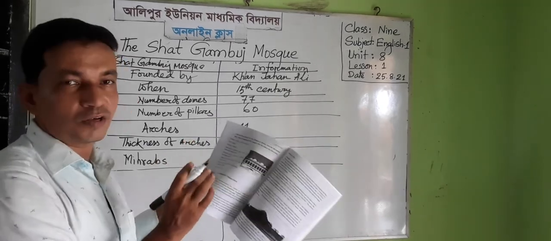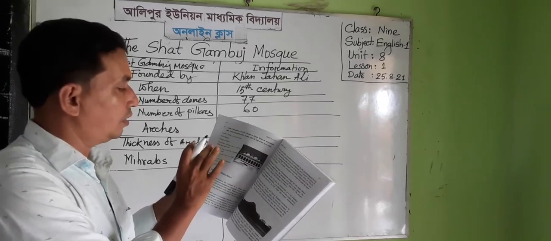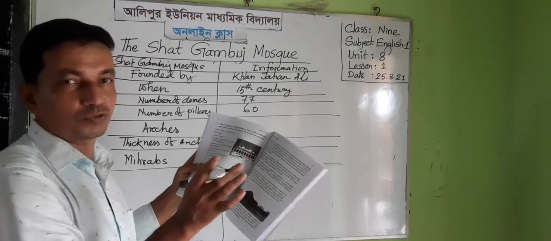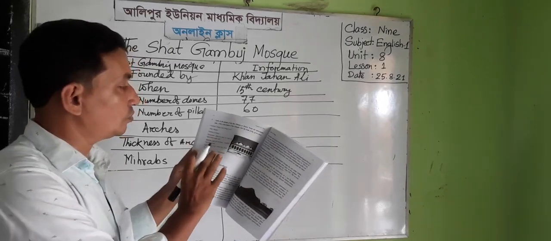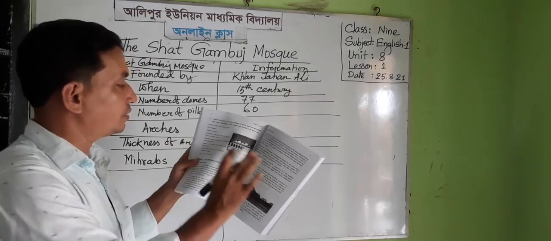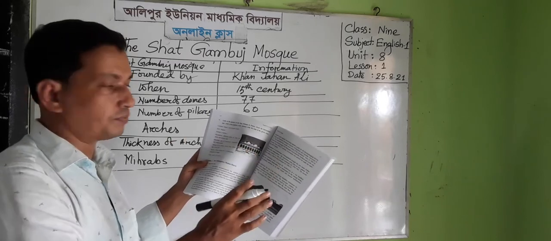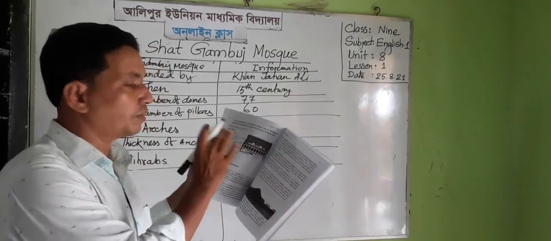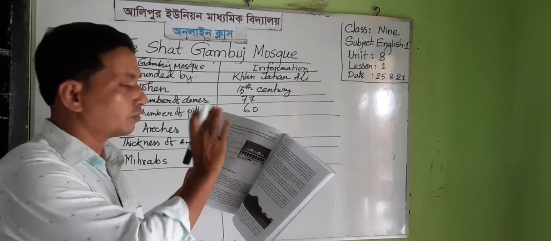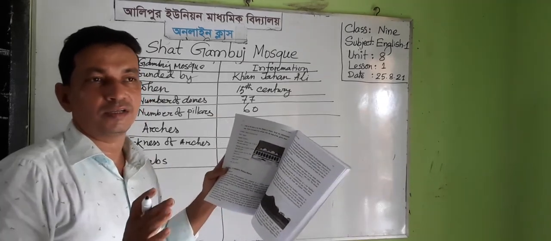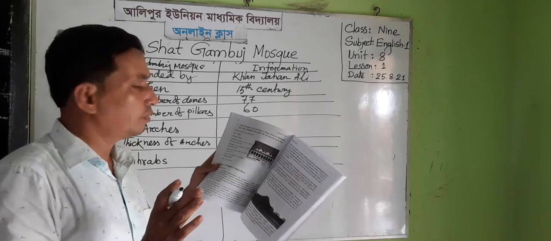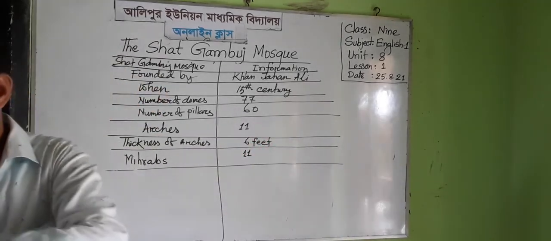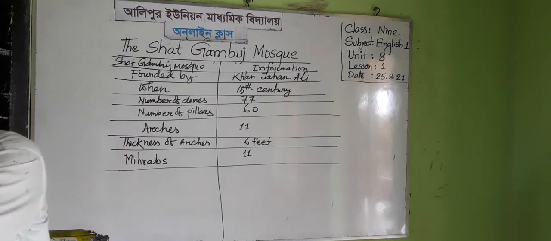After following the clues, we have to give a description like a short paragraph of the mosque according to the clues. Now I am trying to write down the description according to the clues.